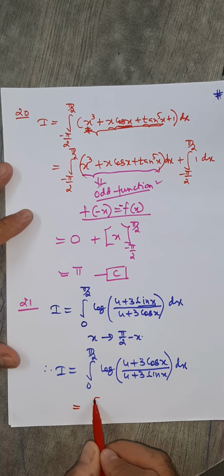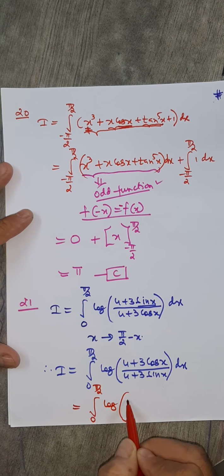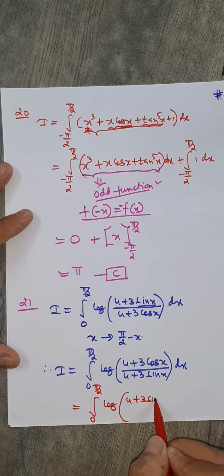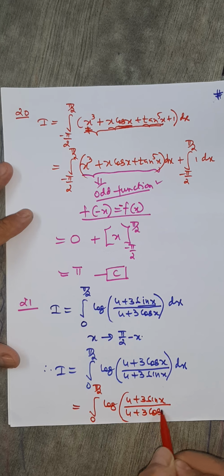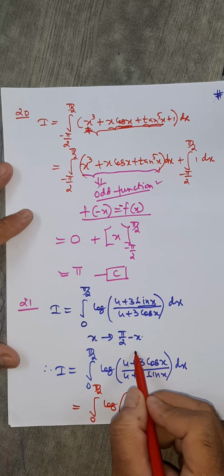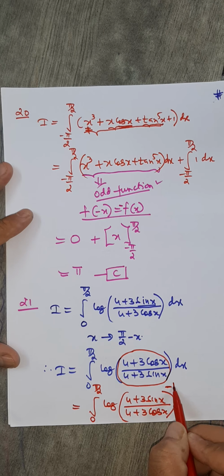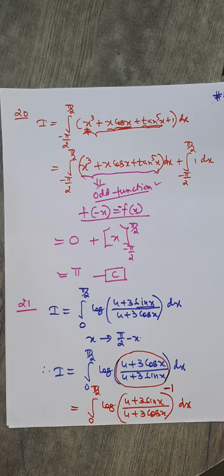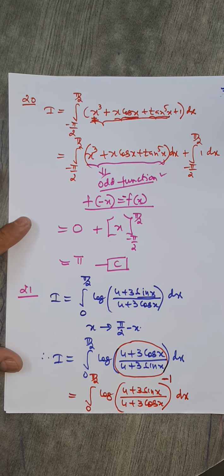So what I'll do here, I'll rewrite it like this: integral 0 to pi by 2 of log of [(4 plus 3 sin x) upon (4 plus 3 cosine x)] raised to minus 1, the whole dx. What I did, I have just taken the reciprocal.